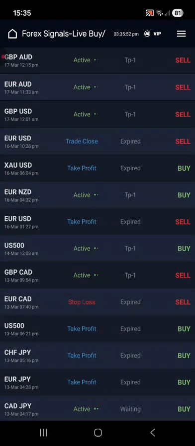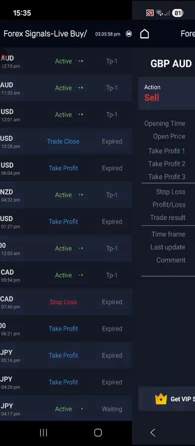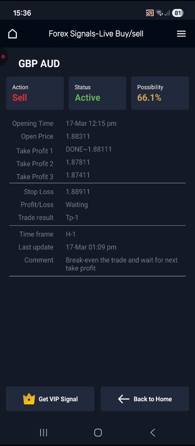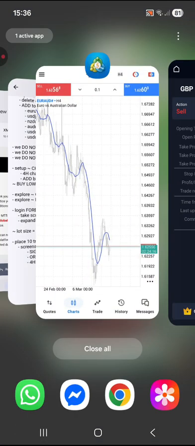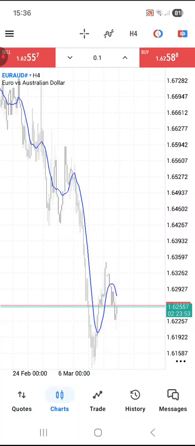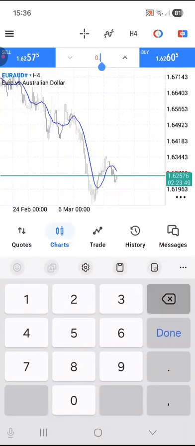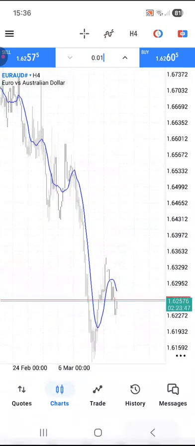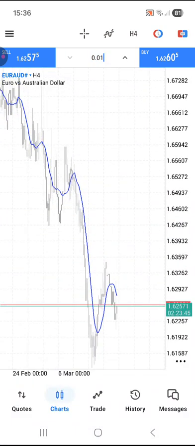So this is just getting practice, getting the signal in and looking at what the signal is doing, taking a screenshot and going to place the trade, seeing if they follow our rule, buy low, sell high. If they do follow the rule, changing the lot size to 0.01 and executing the trade, okay?